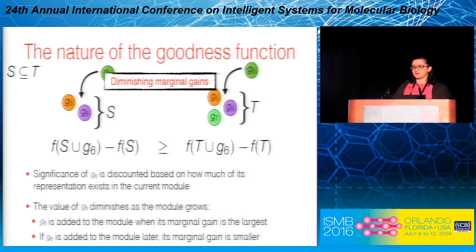This means that as the module grows, this particular candidate G6 is added to the module at the point where it provides the most useful insight. And if it were included at any later stage, then its contribution would only be smaller.